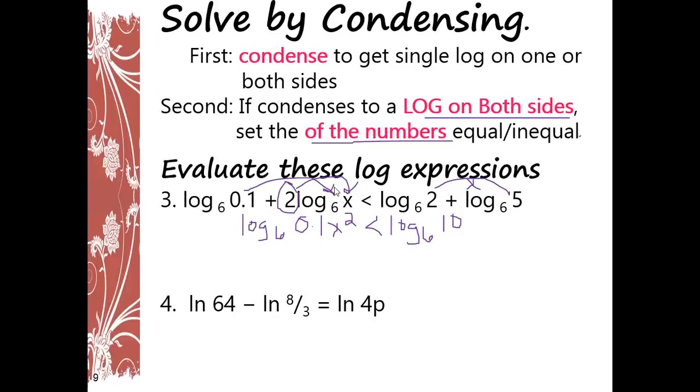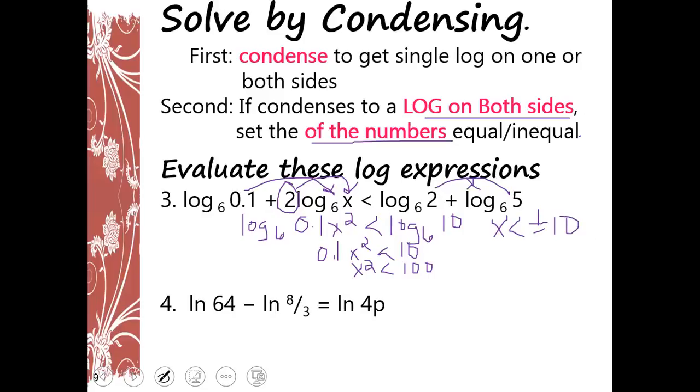My arguments have to be unequal then. So 0.1x squared has to be less than 10. And x squared has to be less than 100. And x has to be less than plus or minus 10.